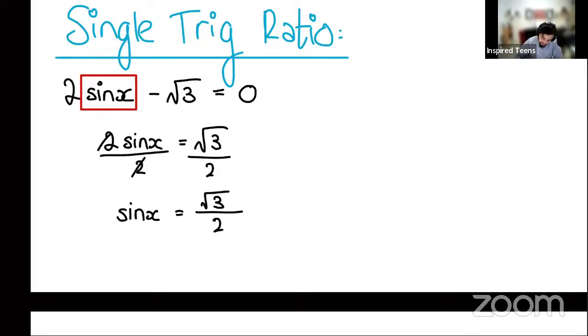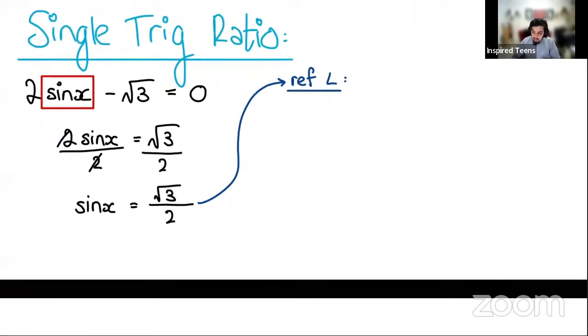So what are we doing next? We are finding what we refer to as the reference angle, which we just shorten to ref angle. This is a little symbol for an angle. There's no need to understand what it is. I teach you the method, you know the method, you solve the question.